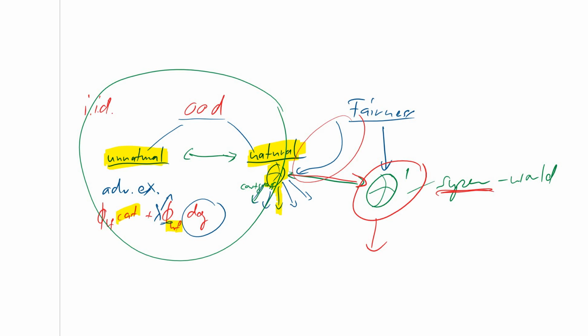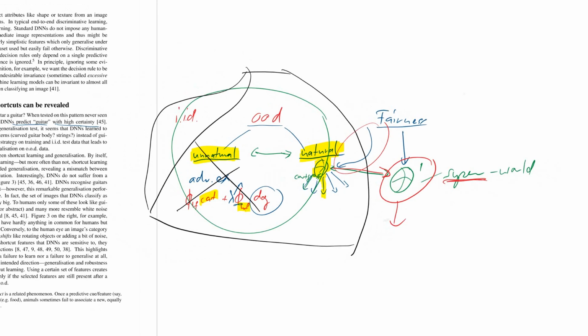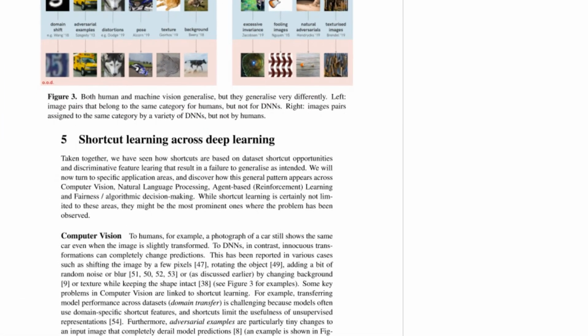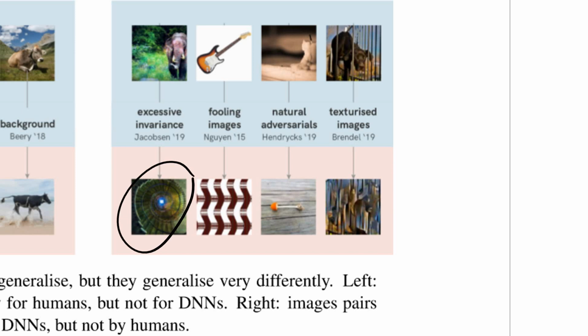So I would focus on, let's say, this part right here. On this part, and not on the adversarial examples, and also not in the fairness literature too much. All right, so yeah, you can see here, no wonder this and this screws up an ImageNet classifier.